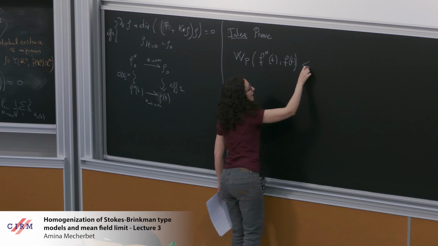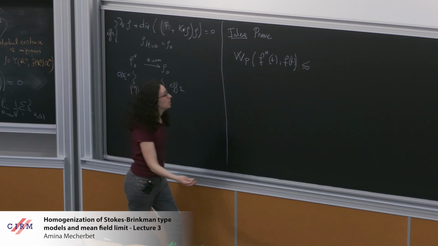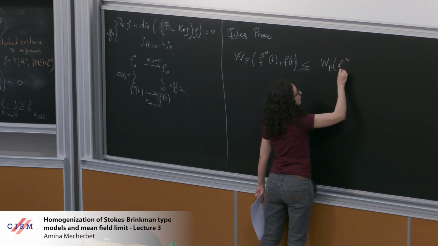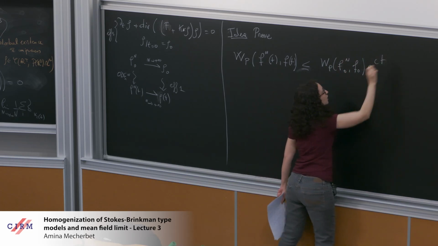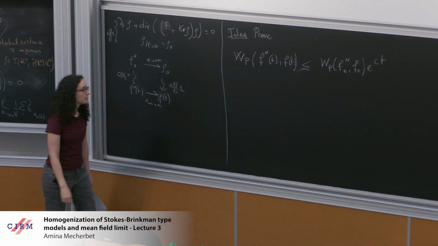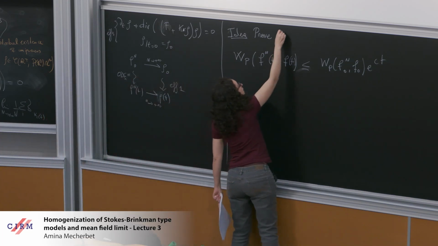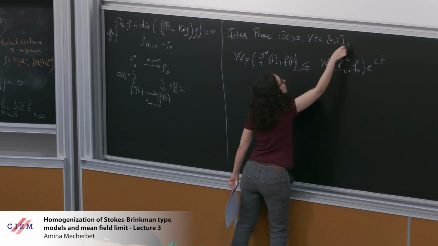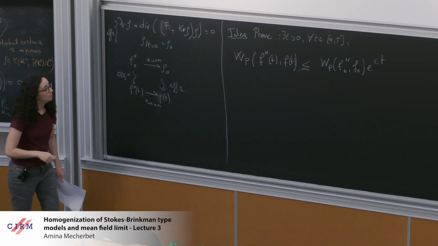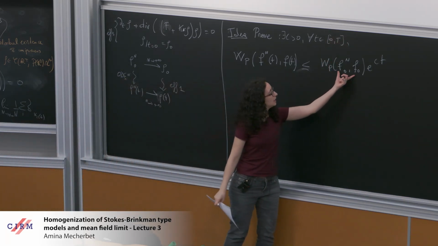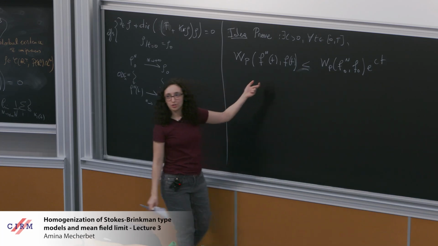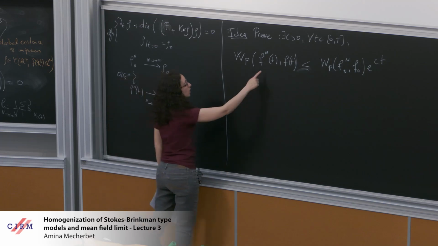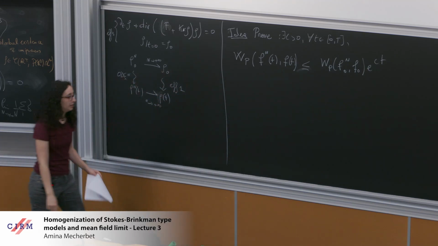So one would like to have a Grönwall control, something like this, with a Wp, for instance. If you have such a control, let's say in some interval, then you know that if it converges weakly at time 0, you will converge at each time, right? And something similar for the other system, where you will just replace here Fn by ρn.